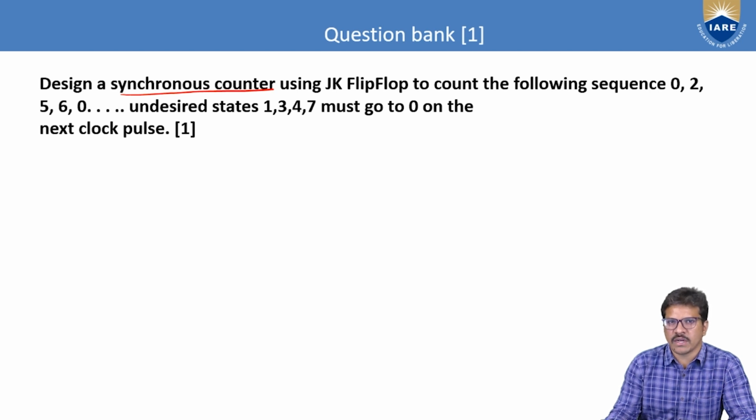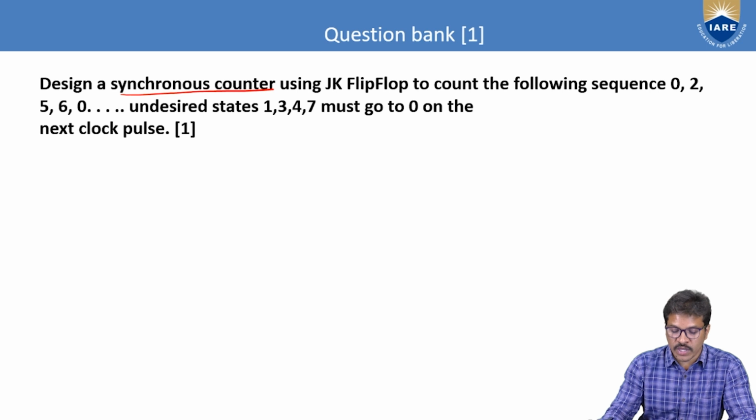Whether it is a synchronous or asynchronous counter, sometimes it is required to visit all states of a given sequence, or sometimes we require visiting only certain states. One example of a certain sequence is 0 to 5, 6. Once it finishes 6, it goes to 0, rather than going sequentially through each and every state.